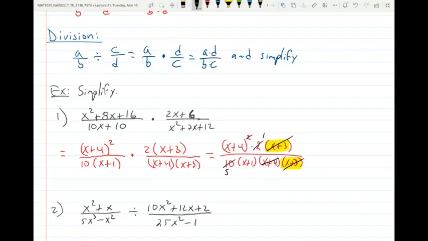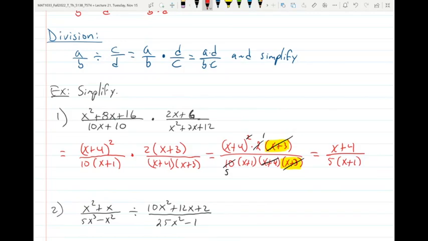Let's see, the only thing that remains down here is an x plus 1. Do you see an x plus 1 up here? No, so that's it. Now we write down what's left. What's left in the top? An x plus 4 times 1. And what's left in the bottom? The 5 times x plus 1.